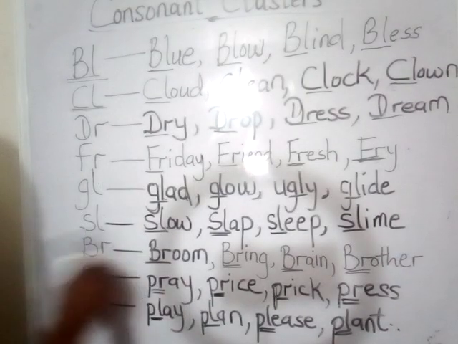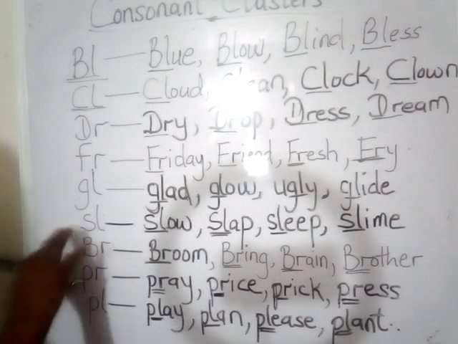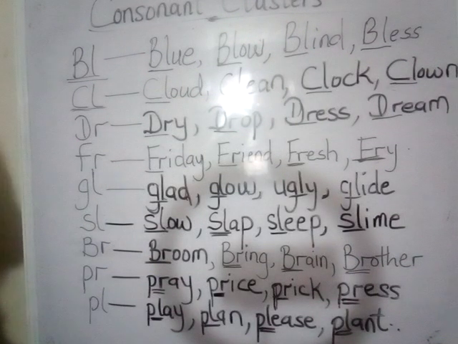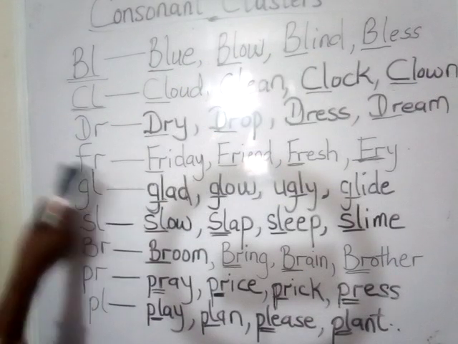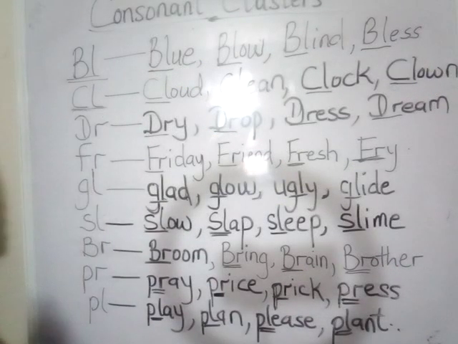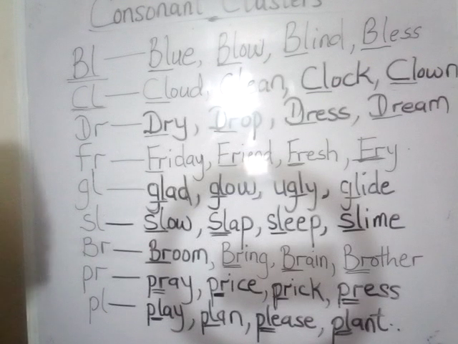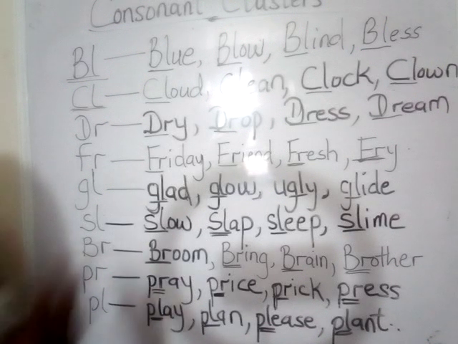The new sound formed will be different from the two sounds of the consonants that join together. That is a digraph. For instance, gl, fr, kl. If it's a digraph, those two consonants will combine and form a new sound. That's the difference.